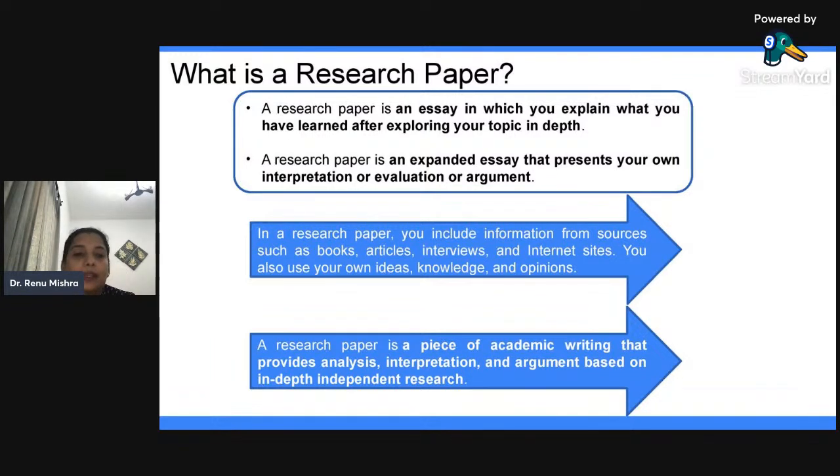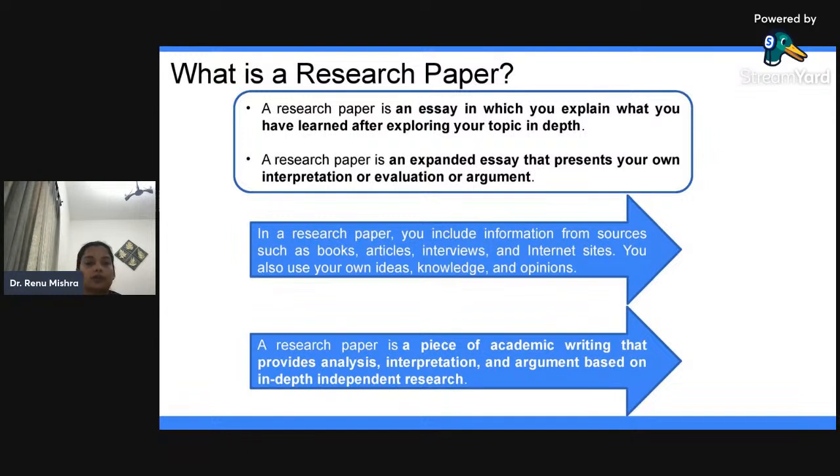Now, when you talk about a research paper, you have so many sources to take information from. These days, especially post pandemic, visiting personal libraries or physical libraries has become slightly difficult. I'm sure the world is getting back to normal, however at present our online sources have taken the majority of the place when it comes to collecting data for our research papers. We have articles, we have books whenever you are thinking of writing a research paper.